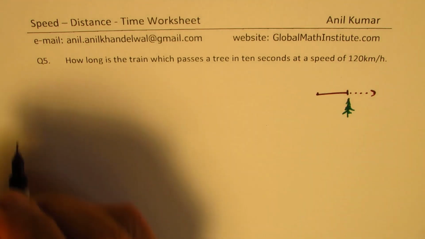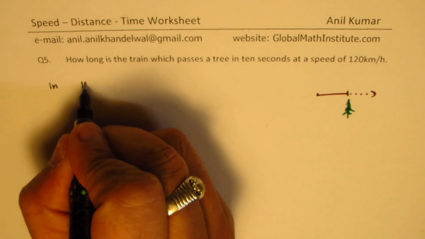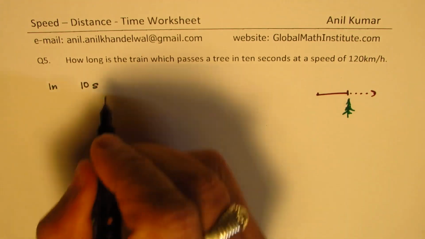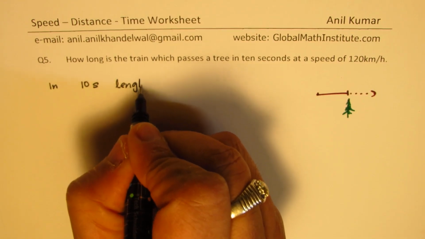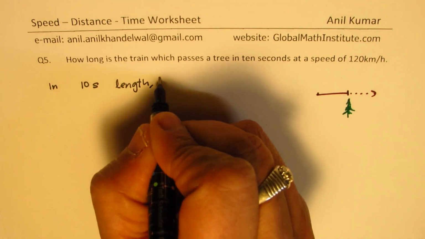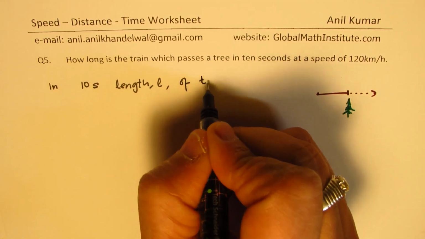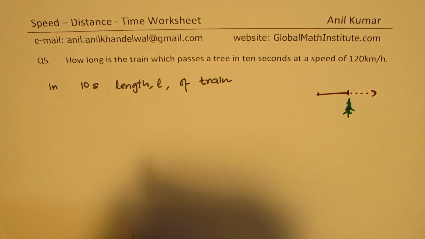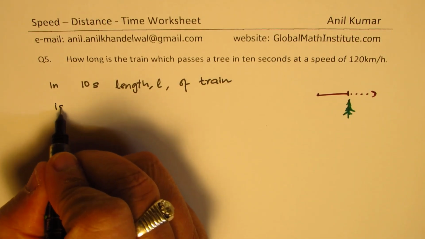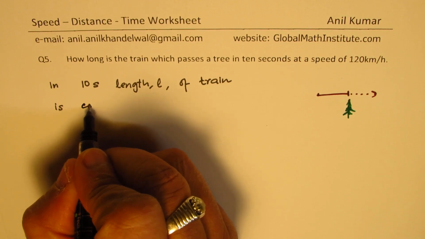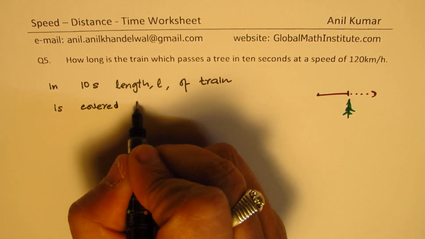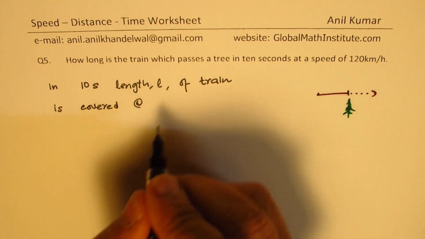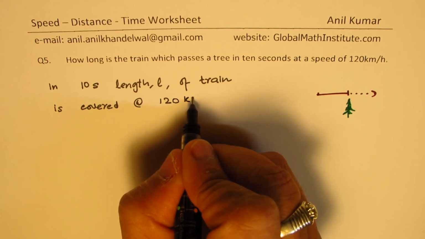in 10 seconds, length L of train is covered at the speed of 120 kilometers per hour.